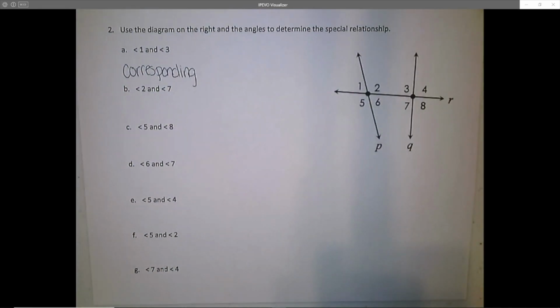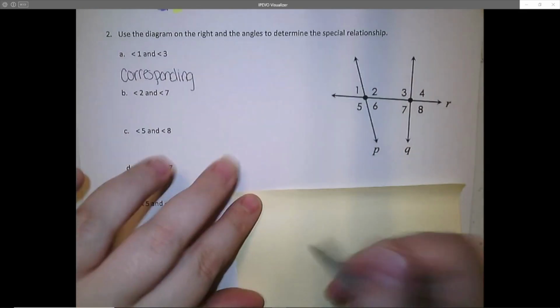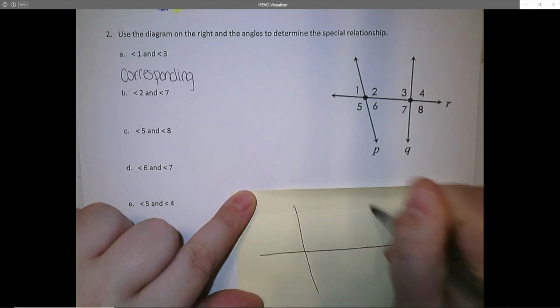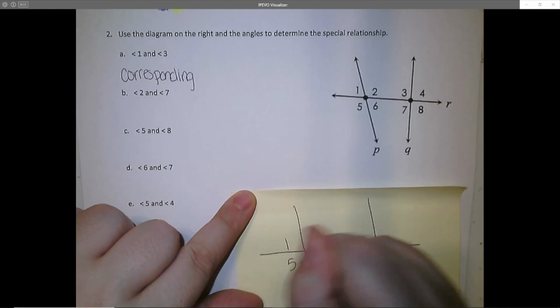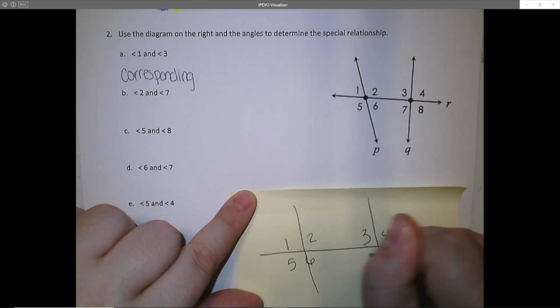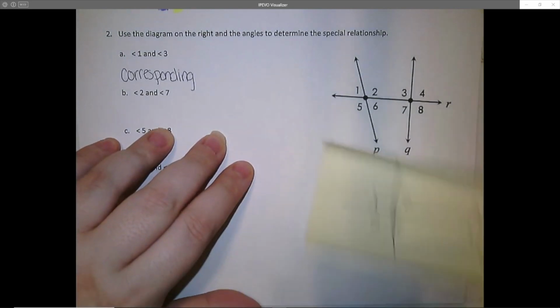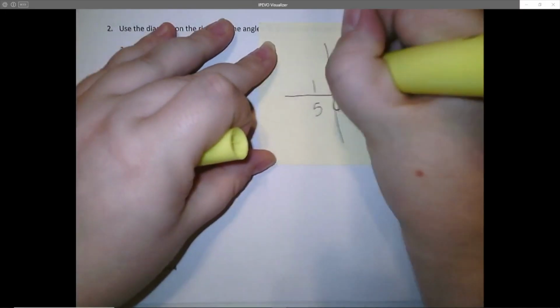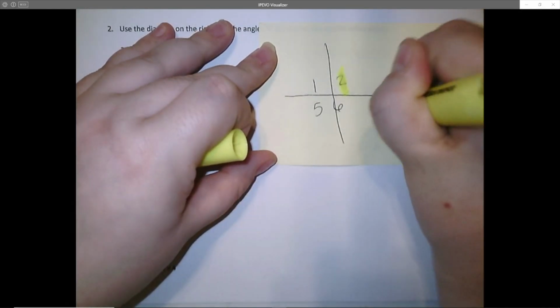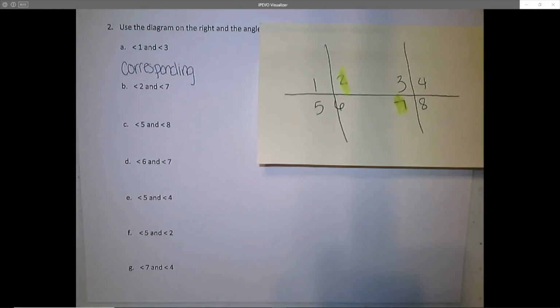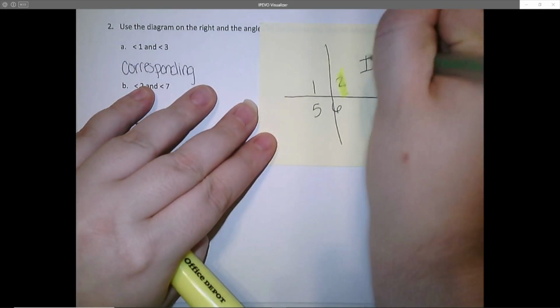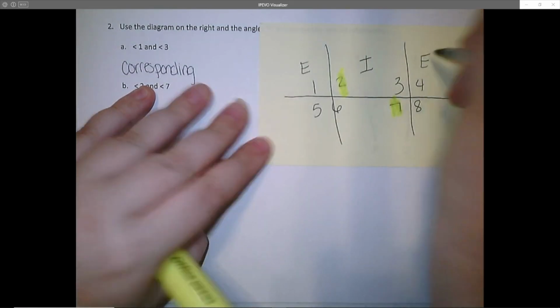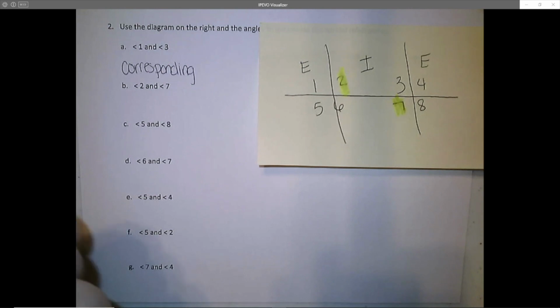Now, once you deal with that, sometimes you have to look and say, I need to redraw. I'm going to tell you, in this unit with lines, there's going to be a lot of redrawing. So, I have this picture. We're talking about 2 and 7. I have them marked. I have my interior, my exterior. 2 and 7 are both interior.